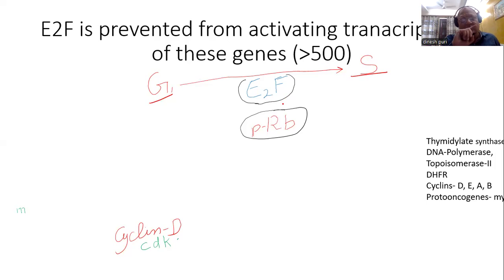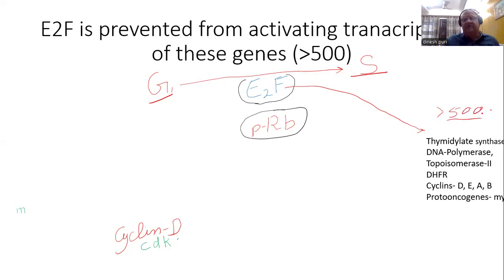Let us see how it inhibits the transition from the G1 to S phase. We'll have to go to some basics. There is a transcription factor called E2F. E2F encodes a variety of proteins, more than 500.